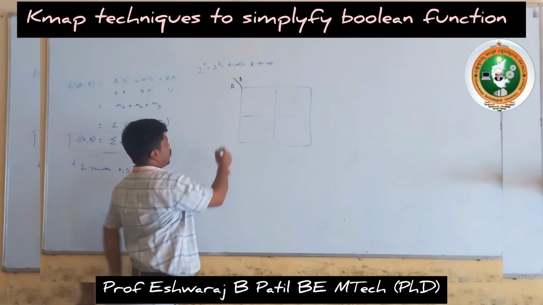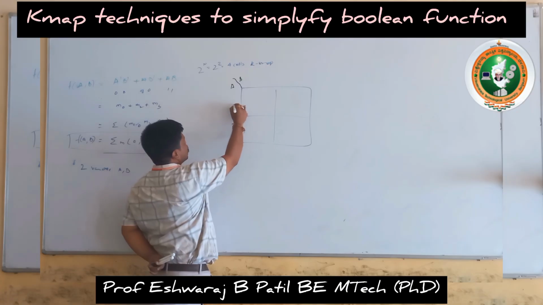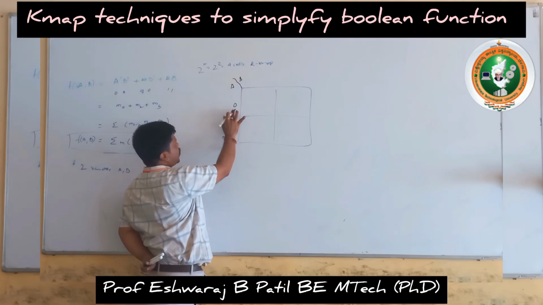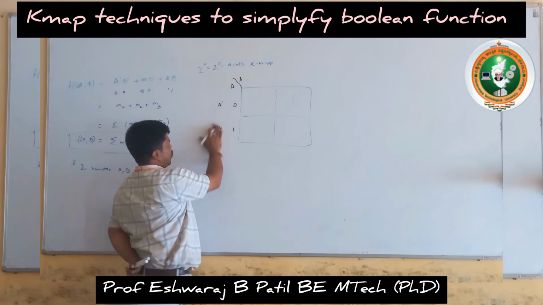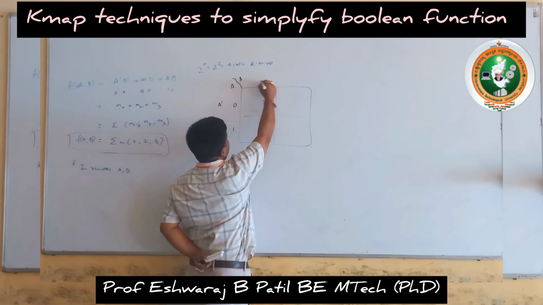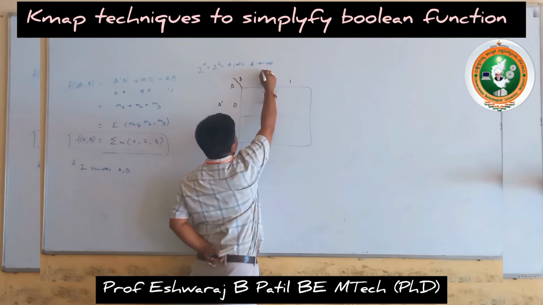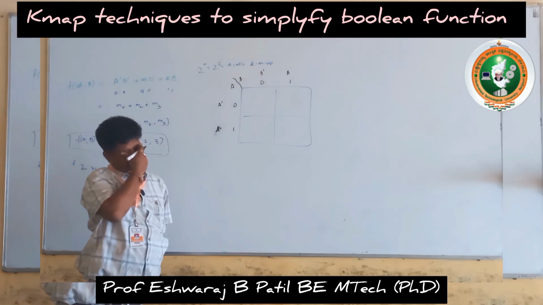Then give the binary combination values. A can have the values 0 or 1, written as A dash and A. B can have the values 0 or 1, written as B dash and B.